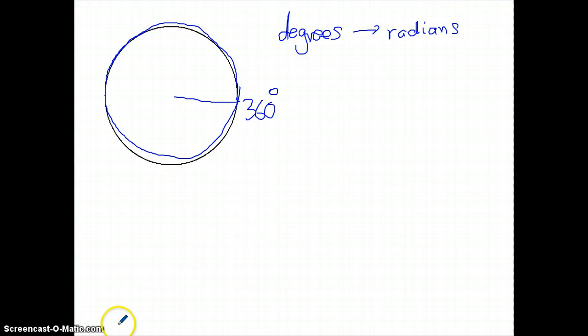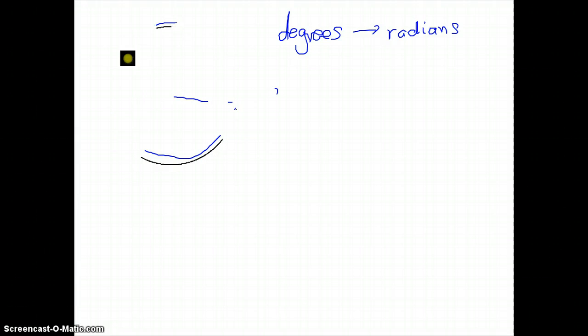Without getting too complicated, I'm just going to say this. If you have a circle, let me erase this because it's kind of messy. Draw a new circle here.